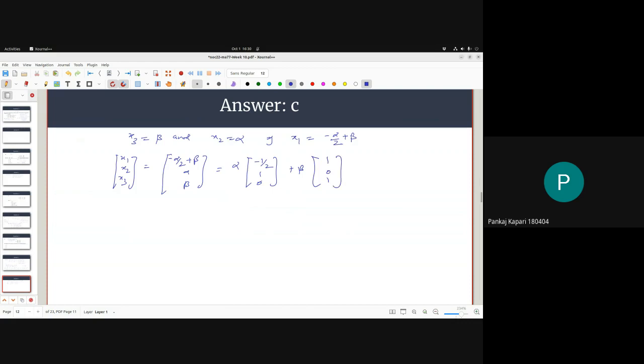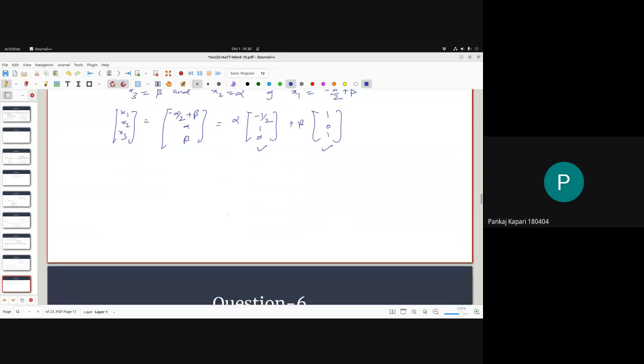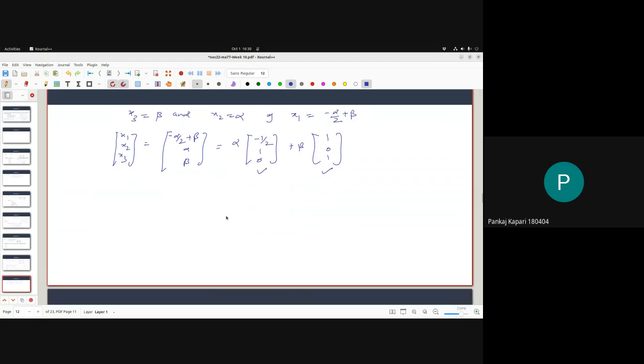So any vector in the eigenspace can be written as a linear combination of these two vectors. And these two vectors are clearly linearly independent because none of them is a multiple of the other. This implies that the dimension of the eigenspace is 2.